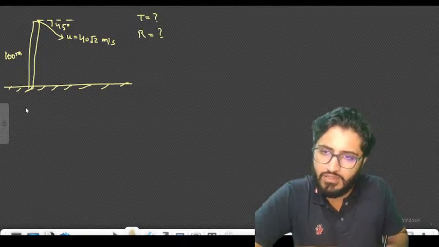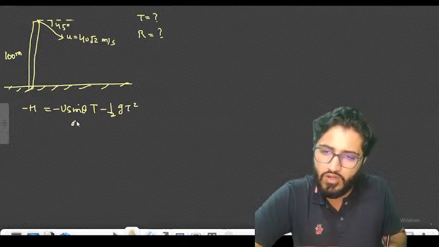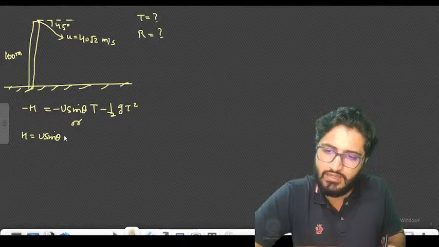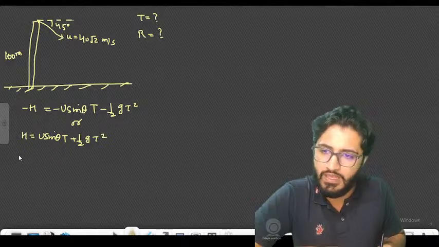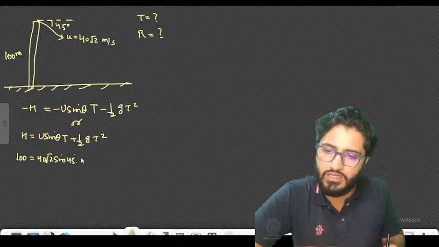Time period will be minus h equals to minus u sine theta into t minus 1/2 of gt square. Or you can write h equals to u sine theta into t plus 1/2 of gt square. H is 100, u is 40 root 2, then we are having sine 45 degree, and 1/2 of g is 10, so 5t square.